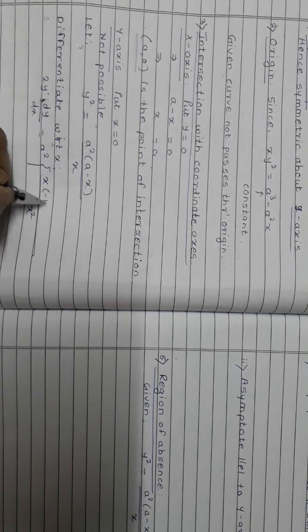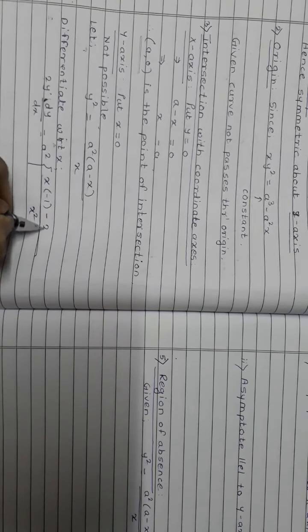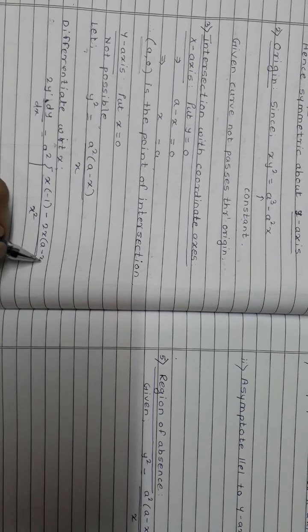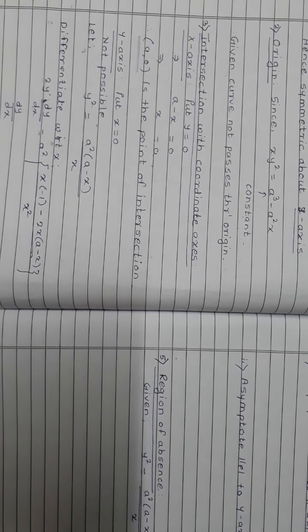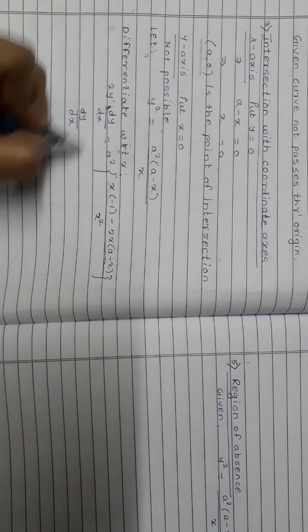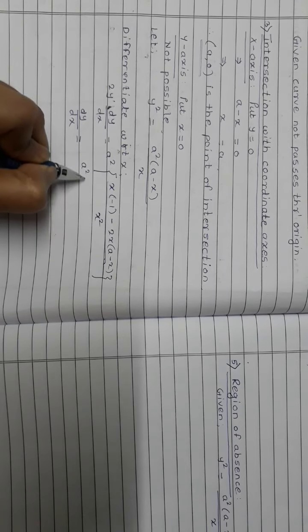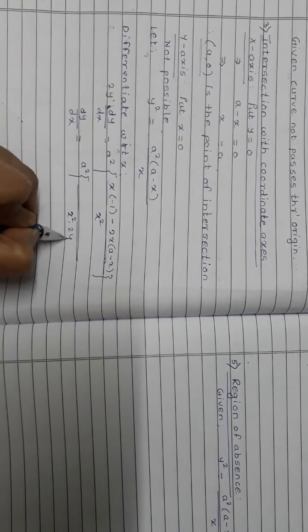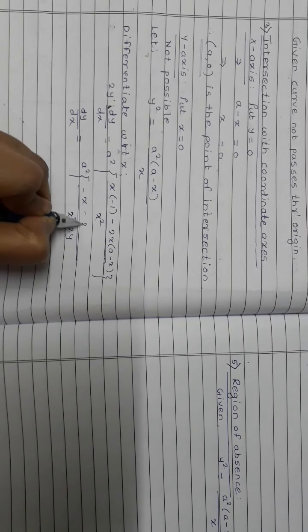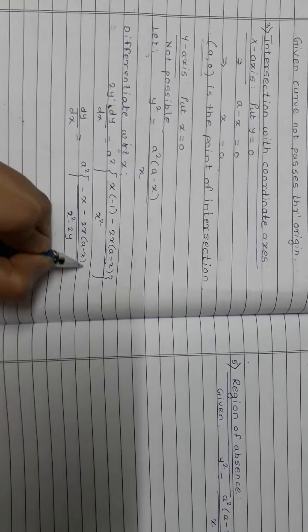So this is x into minus 1 minus 1 into (a minus x), divided by x square. So dy by dx is equal to a square into [minus x minus (a minus x)] divided by 2y x square. I'll write this down, no need to simplify.